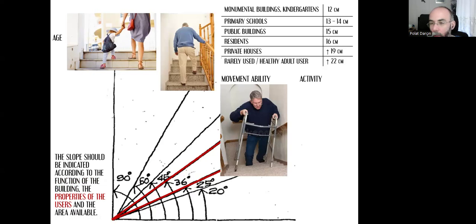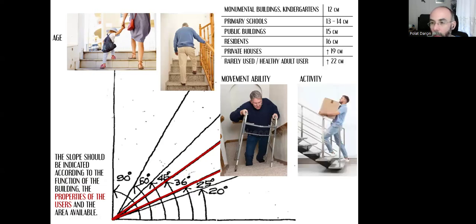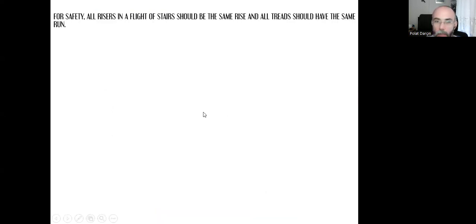We need to look at the activity as well. If they are going to use the stairs very fast, if they need to carry big, heavy stuff, and during this carrying they won't be able to see what's in front of them, then the riser height needs to be shorter, obviously.